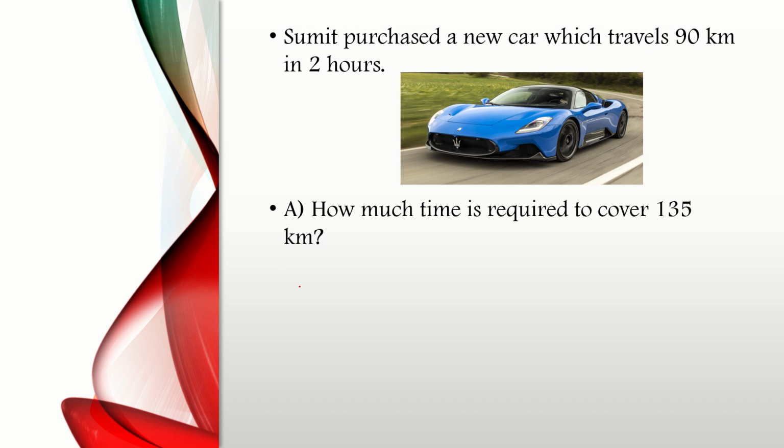As you know, we know the unitary method. I have to find out time. And what is given to me? Distance is given to me: the car is covering 90 km in 2 hours. Whatever you want to find out, that should be on the right side always.